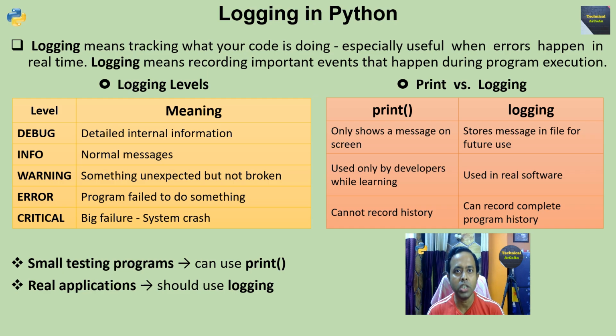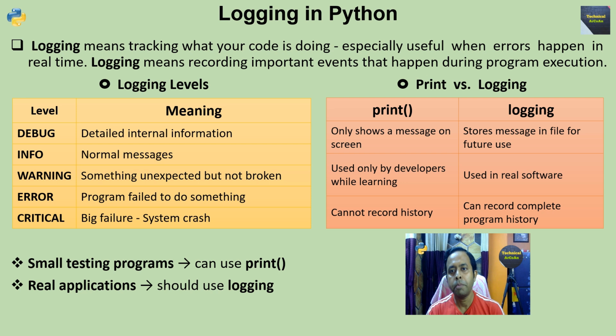Now if we differentiate between the print function and logging in Python, we can do it this way. The print function only shows a message on screen, in the console, whereas logging stores messages in a file for future use. A logging message can be shown in the console and also stored in a file.